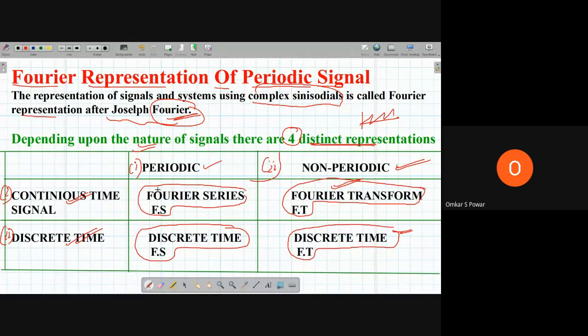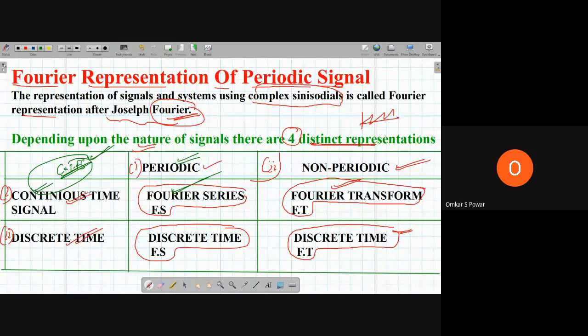In this module, today I'm going to concentrate on continuous time periodic signals, which is the Fourier series, CTFS, continuous time Fourier series, and solve some problems with it.